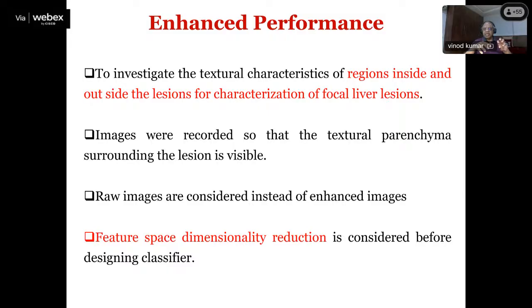The ultrasound image from the tumor area as well as from outside the tumor area, depending upon the intensity of ultrasound when it was taken, depending upon the machine, there was relative difference in intensity.